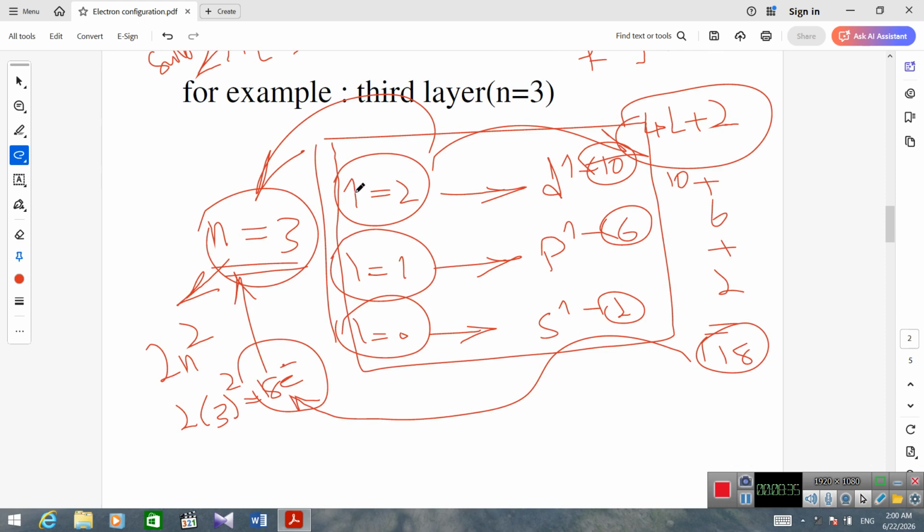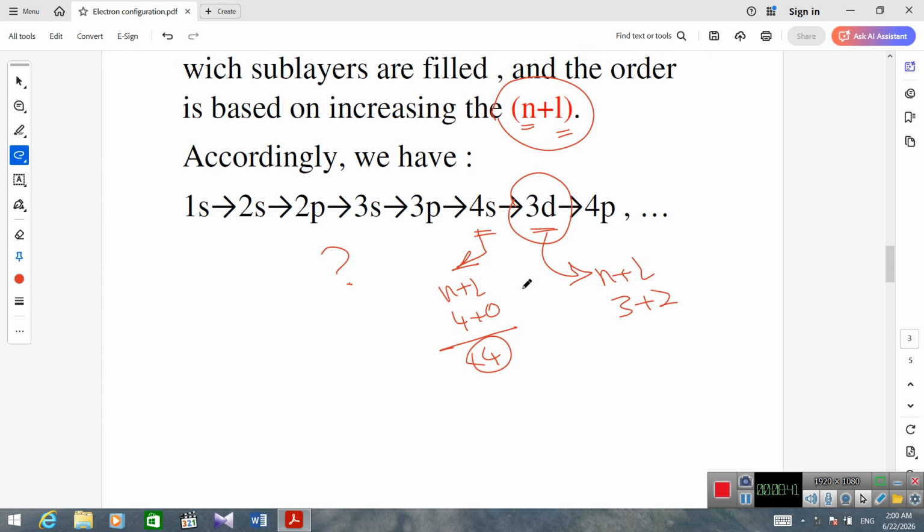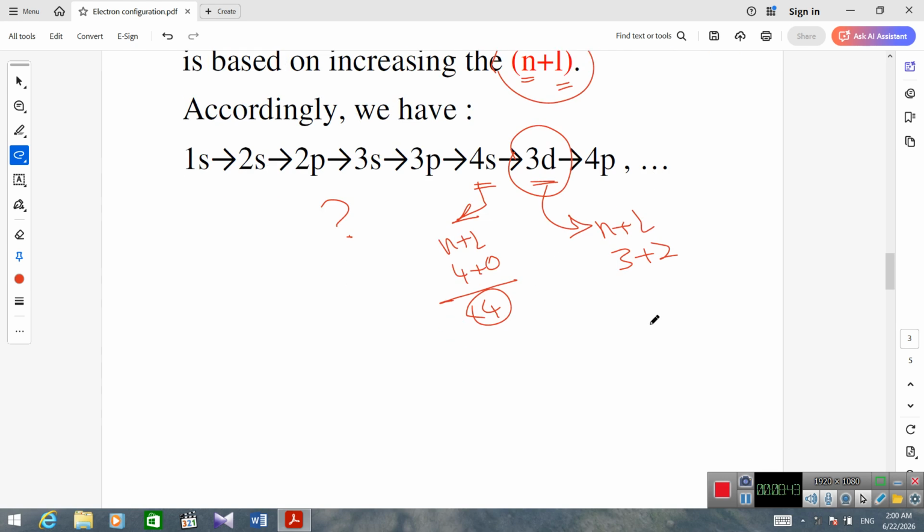When l is equal to 2, the sublayer will be d, and as a result n plus l will be 5, because 5 is bigger than 4.